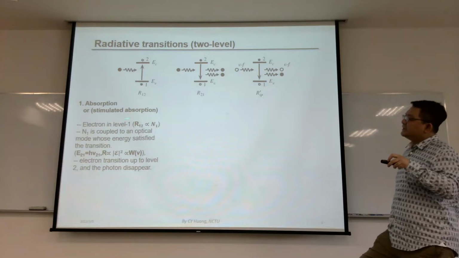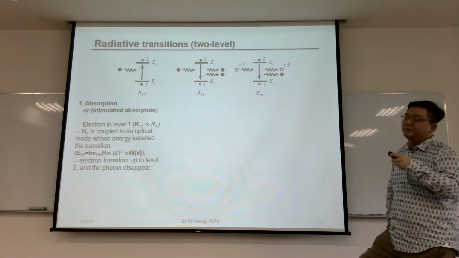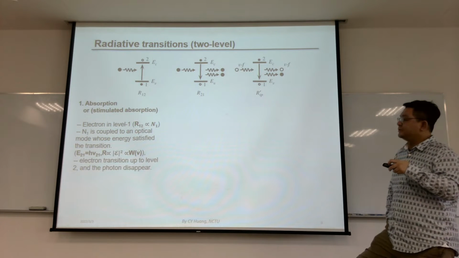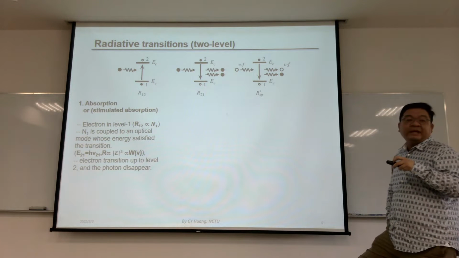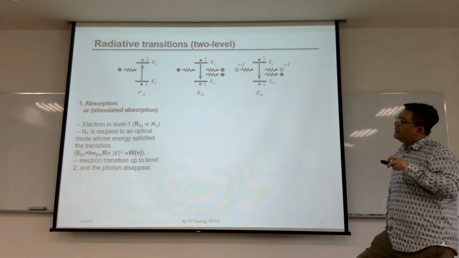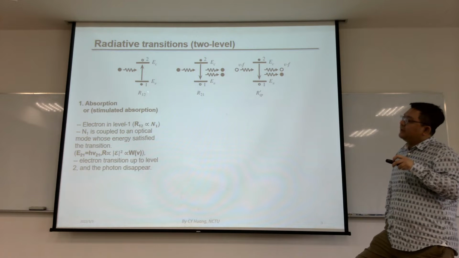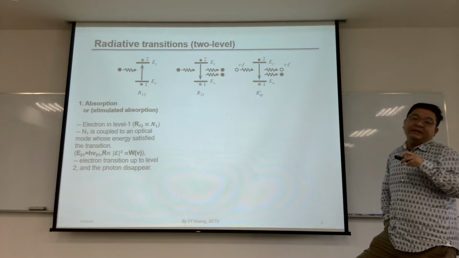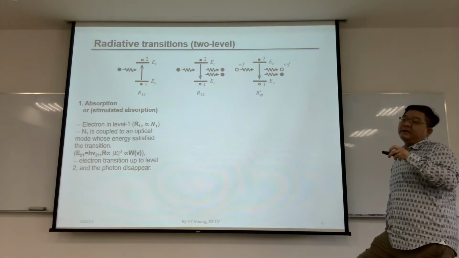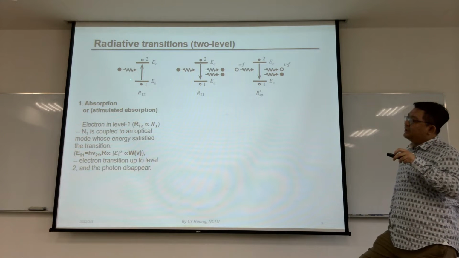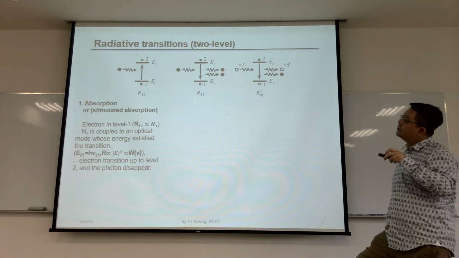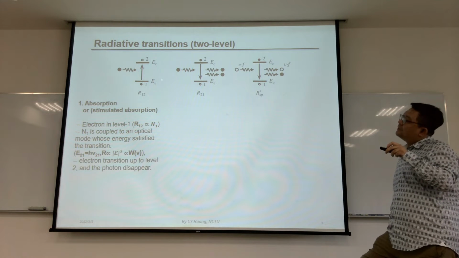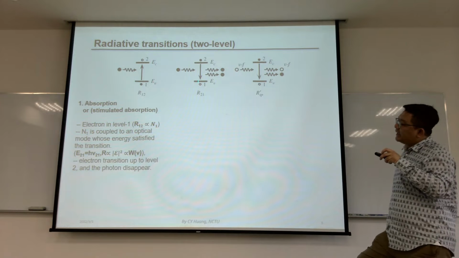Since that is kind of redundant, we can still just call it absorption. Absorption is when you have a carrier at a low level, and this carrier couples with the electromagnetic wave. After it couples, the energy is transferred from optical energy to electrical energy, so it goes up to a higher state.